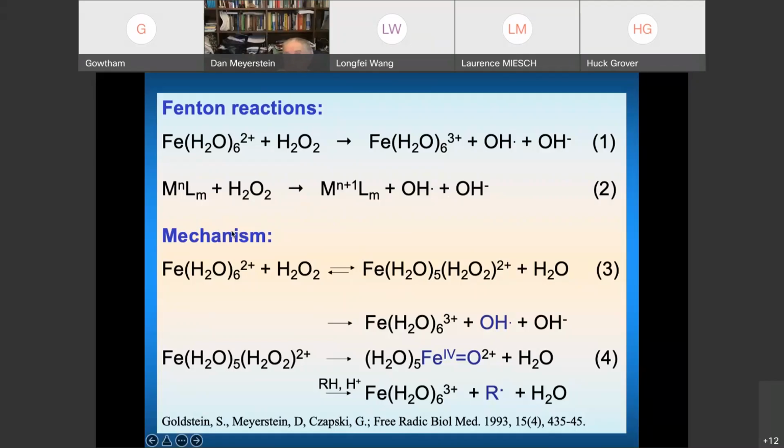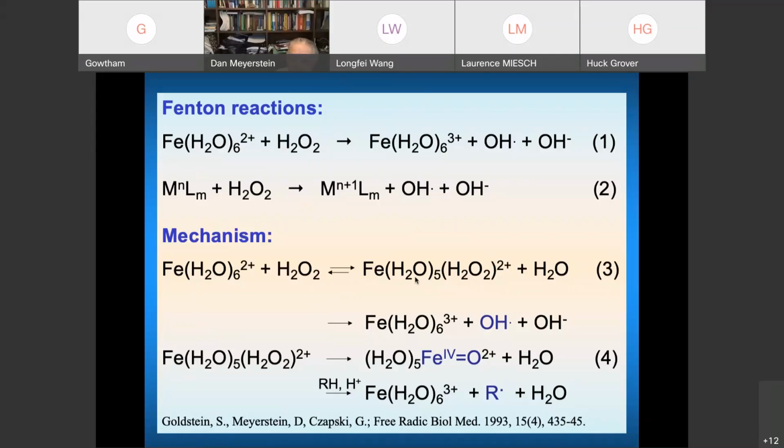The first mechanism suggested for the Fenton reaction in the 30s of the last century was by Gorin and Bray, who said that the active oxidizing agent is an iron 4 complex, whereas in parallel, Haber and Weiss suggested that OH radicals are the main product, and the active intermediate, the first reaction here.